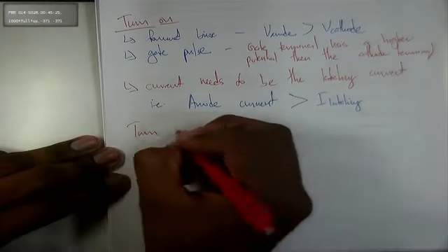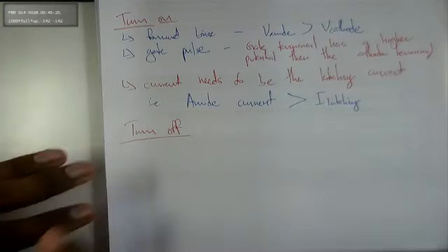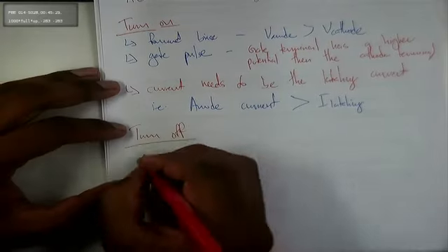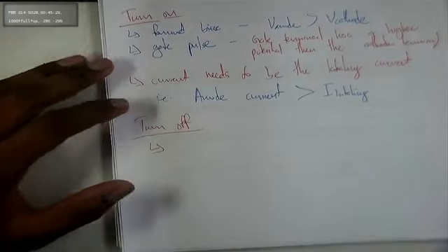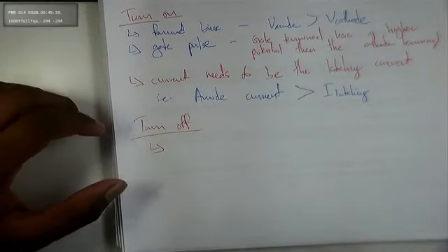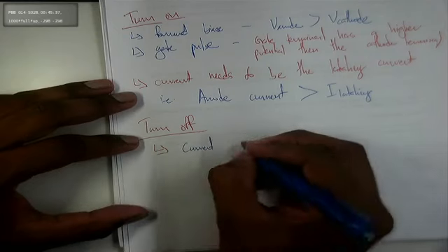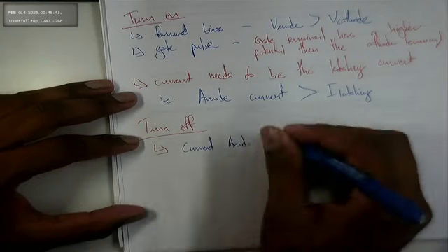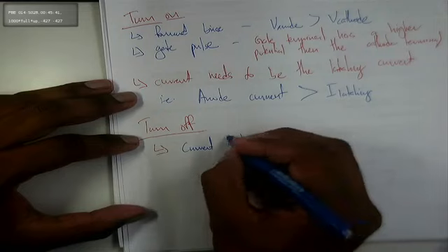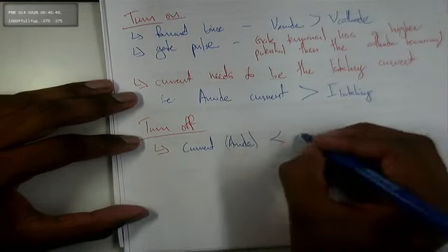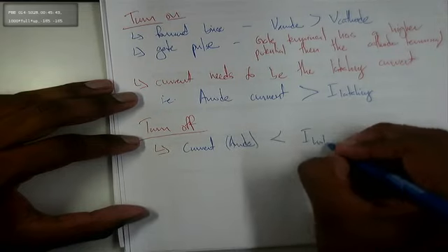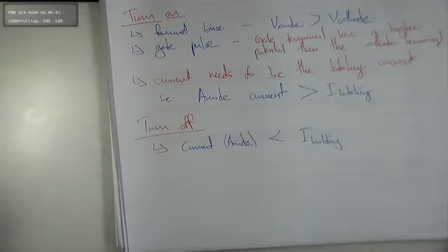And in the turn off position, to turn off, the anode current should be less than the holding current. The holding current means the current that is inside the thyristor.